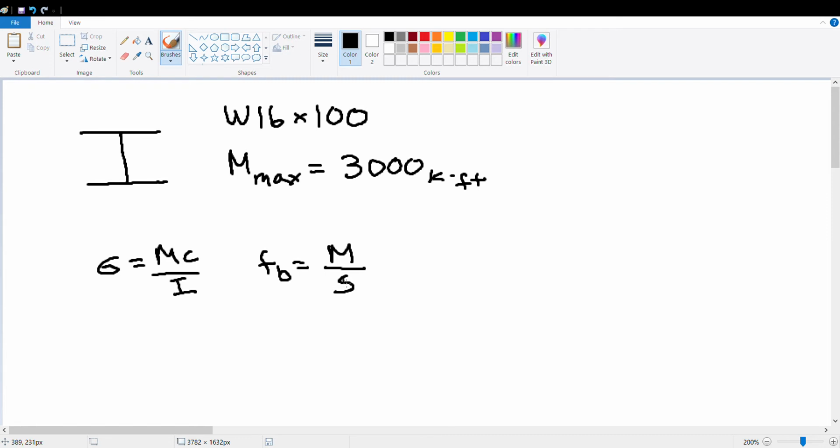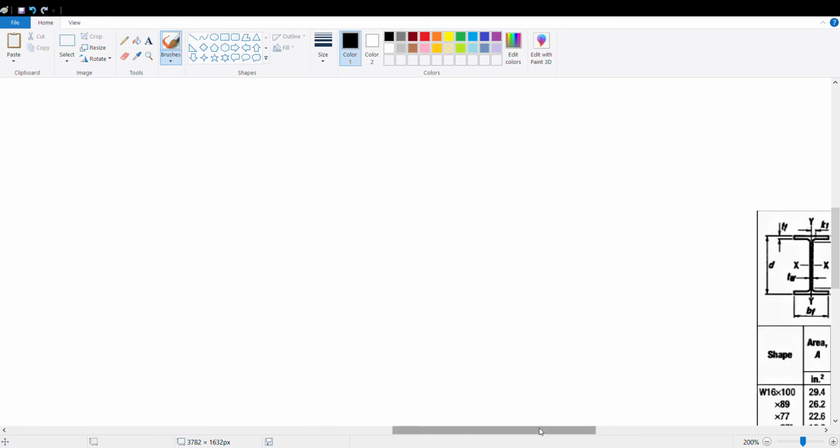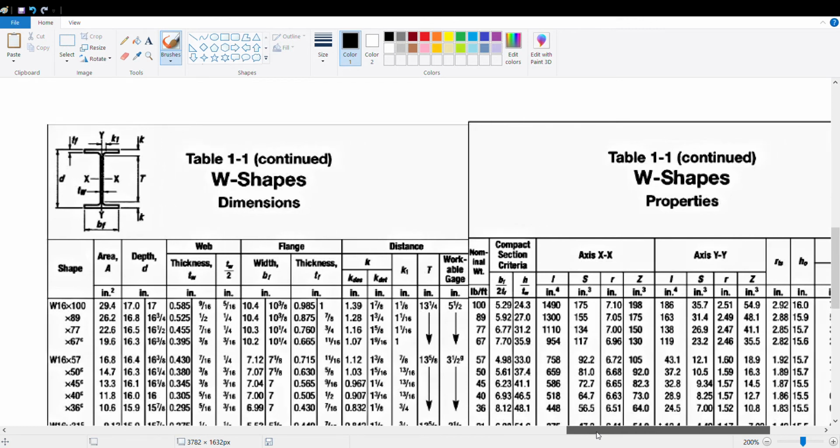This is very, very easy. If they give you the beam, exactly what it is, all you have to do is go to your steel manual, your AISC steel manual, Table 1-1. I actually have it here. So remember, it's a W16 by 100. When you open up your steel manual, right at the first part, the dimensions part, you're going to get a bunch of these tables with different beams and different dimensions.